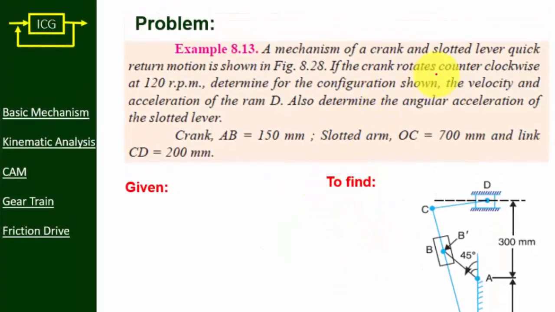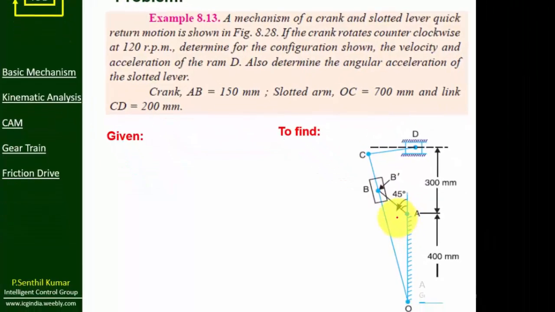A mechanism of crank and slotted lever will be given here. The crank rotates in counterclockwise direction like this at 120 rpm. We need to find the velocity and acceleration of ram D, and we also determine the angular acceleration of the slotted lever. So that is this one.